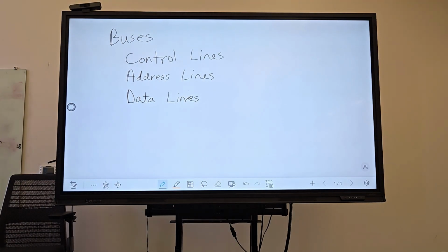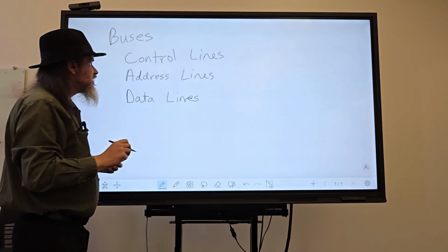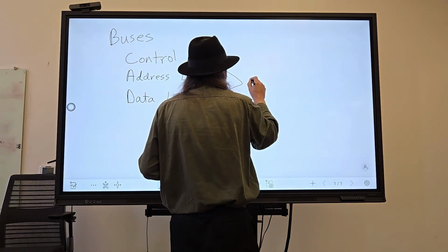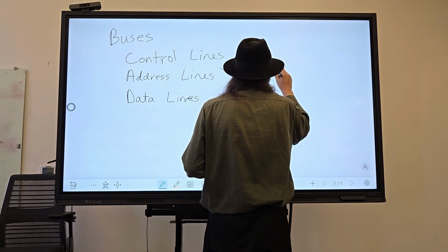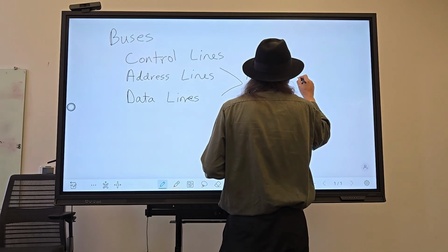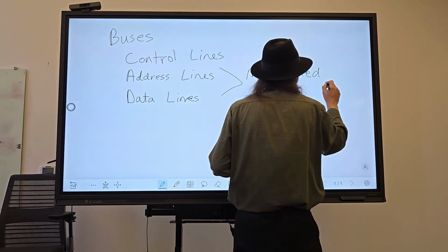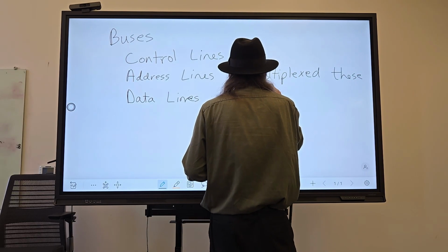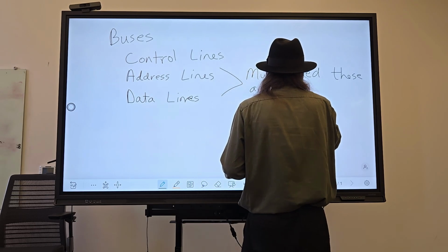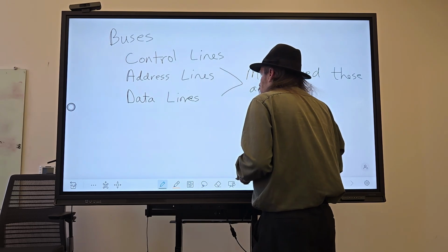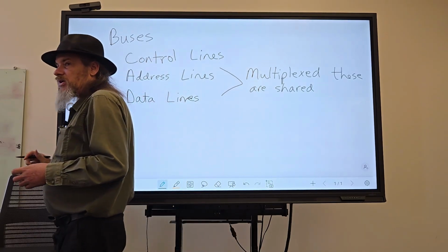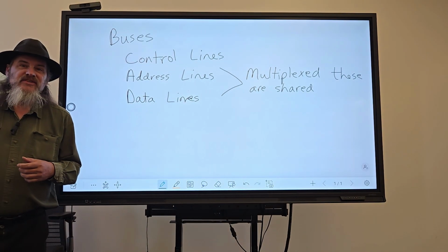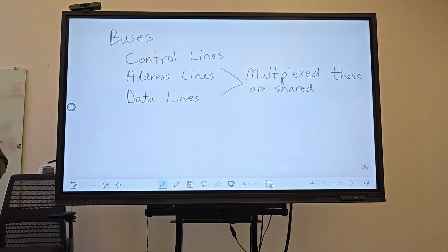Now, some types of buses are what are called multiplexed. In a multiplexed bus, the address lines and the data lines are shared. They use the same lines for both address and data.